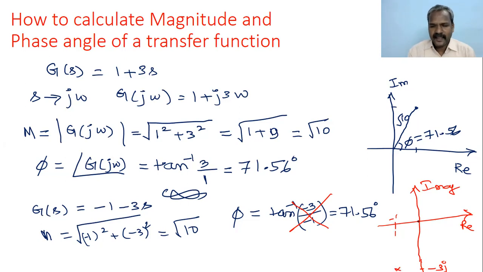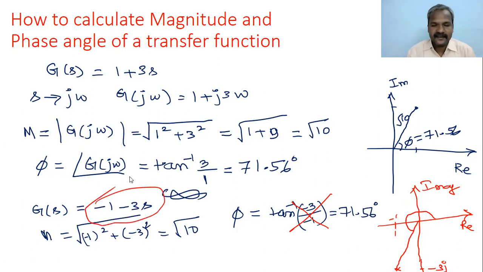So the magnitude is root 10, but the phase angle will be here. Understand? So what is the exact phase angle? From this point to this point. This is the phase angle of this transfer function.